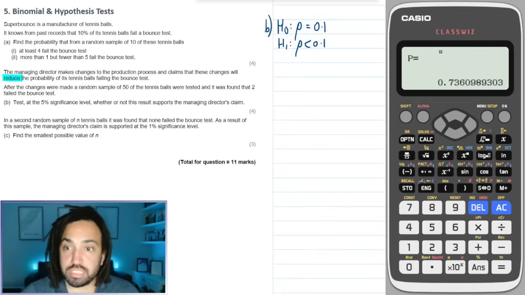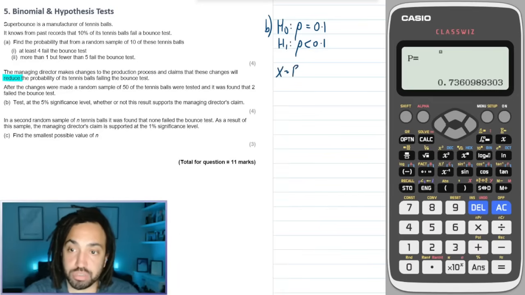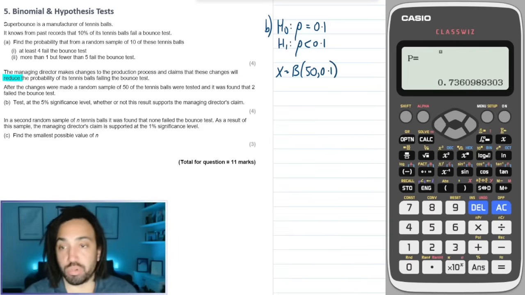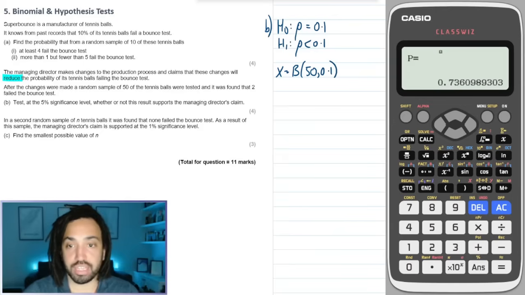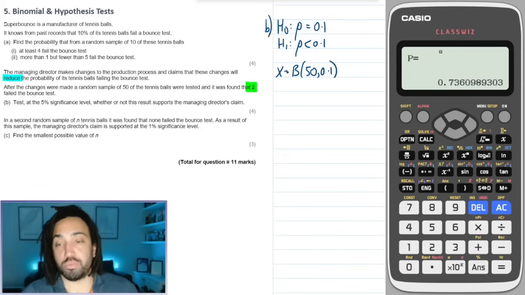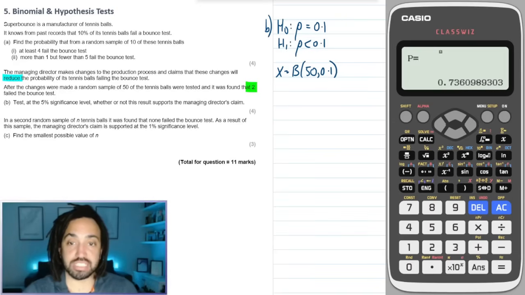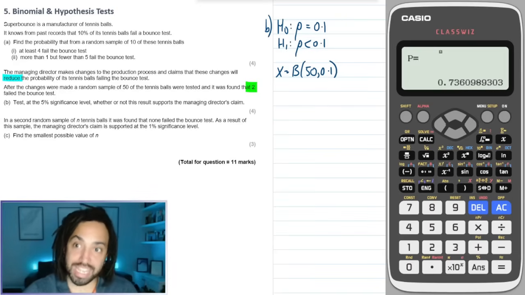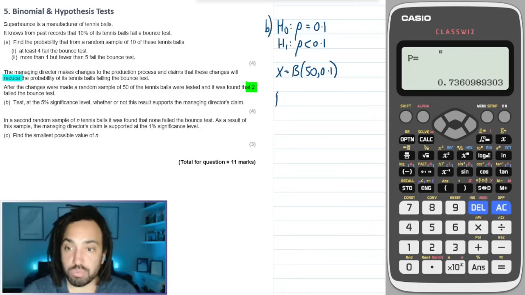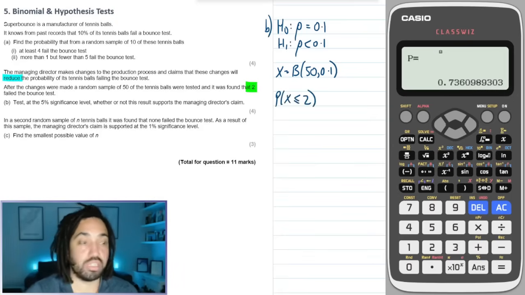So that's great. And we are going to set up a distribution which has 50 trials, and we're going to assume the old probability of 0.1. And then we're going to look at our test statistic, which is 2. And we're going to work out the probability that 2 or fewer will have occurred. So the probability of less than or equal to 2.